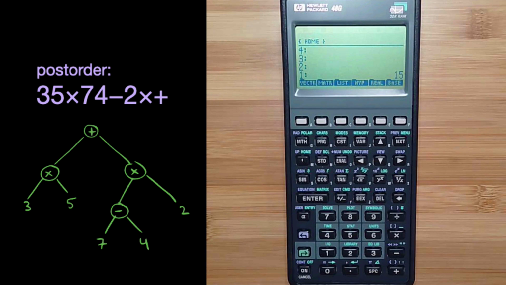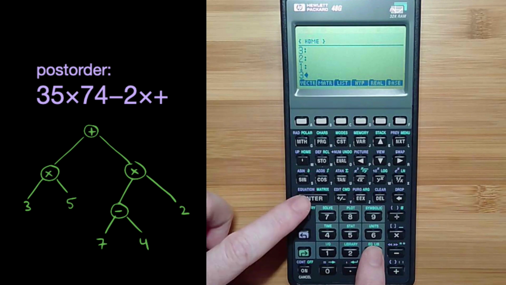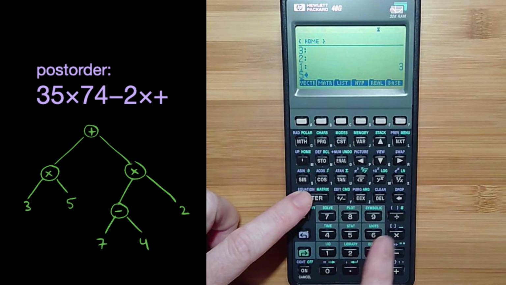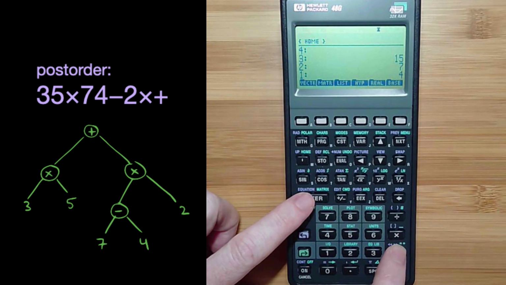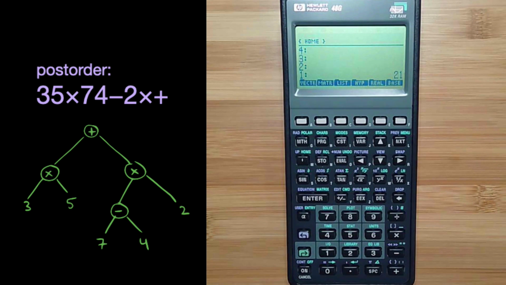So let's go ahead and look at the expression that we drew the tree for and did the post-order traversal of. It actually is the instructions to evaluate it. As we read from left to right: 3, put it in the stack; 5, put it in the stack; hit the multiplication sign; put 7 in the stack; put 4 in the stack; hit the subtraction sign; put 2 in the stack; hit the multiplication sign; and then hit the addition sign.